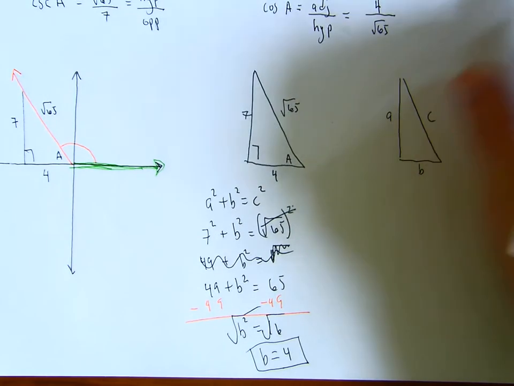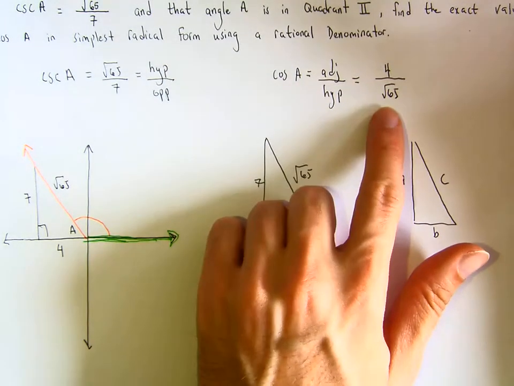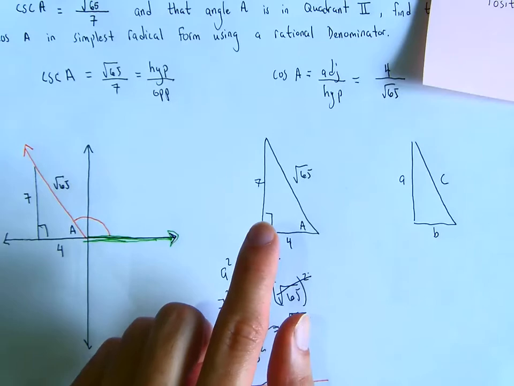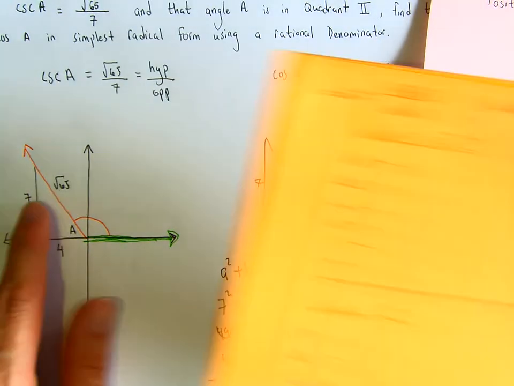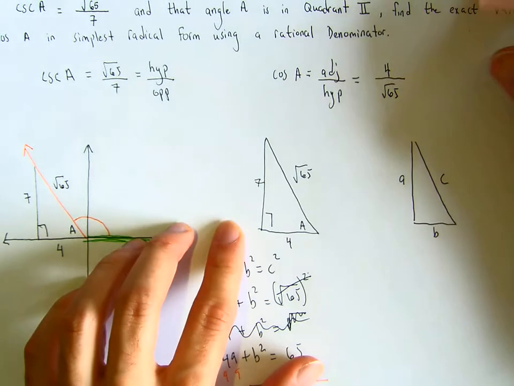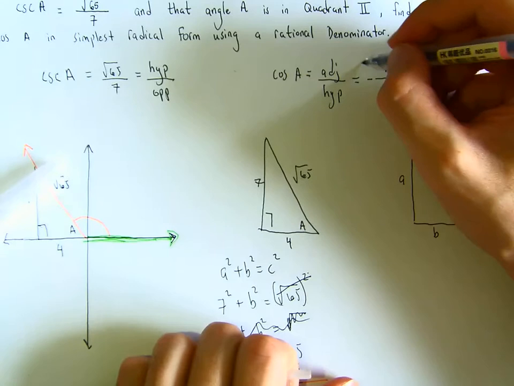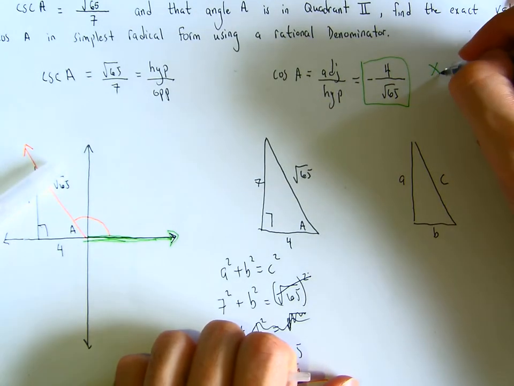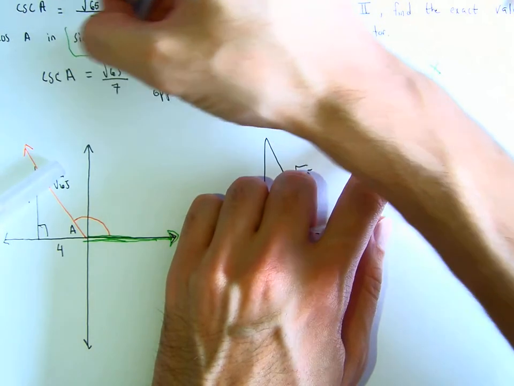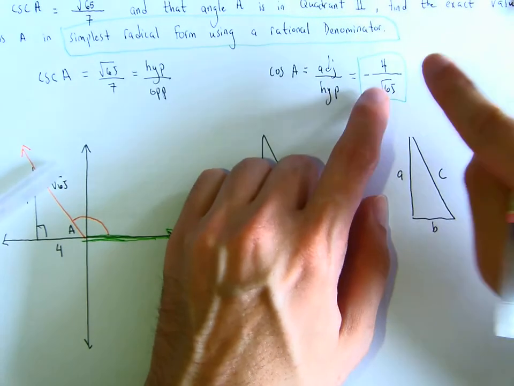All right, so now final question, what do we have to ask ourselves? This 4 over square root 65, is it positive or negative? Notice that we're in quadrant 2, cosine is negative in quadrant 2, so then we're left with this. Now, if you put this in, this is incorrect because we did everything except this part: you cannot have a radical in the denominator.